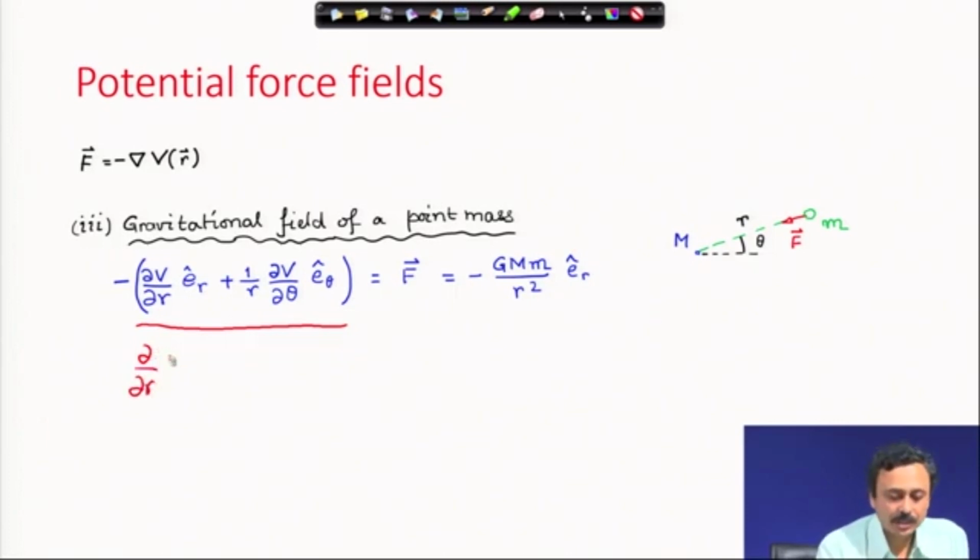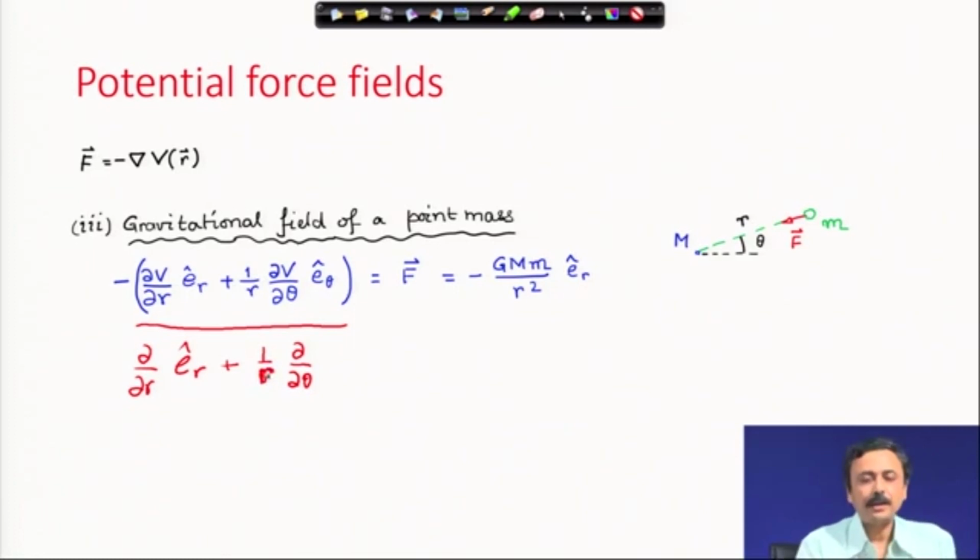This is the operator: del del r e_r cap plus 1 by r del del theta e_theta cap.